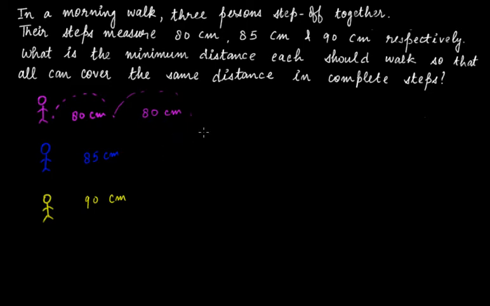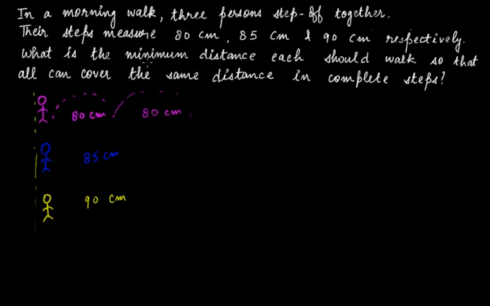Suppose there is some distance d. Let's say this is the initial point from where they have started, and this person in one step covers 80 centimeter, this person in one step covers 85 centimeter, this person in one step covers 90 centimeter.